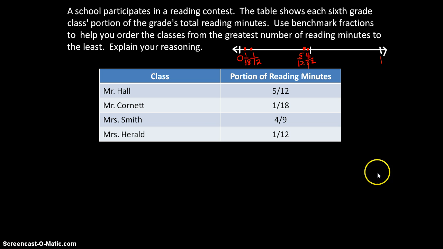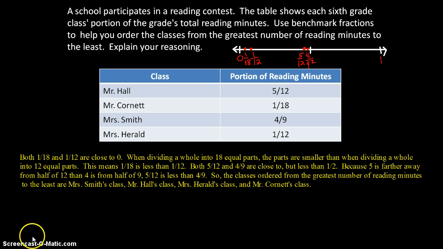So to reiterate our response and explanation, both 1/18 and 1/12 are close to 0. When dividing a whole into 18 equal parts, the parts are smaller than when dividing a whole into 12 equal parts. This means 1/18 is less than 1/12.